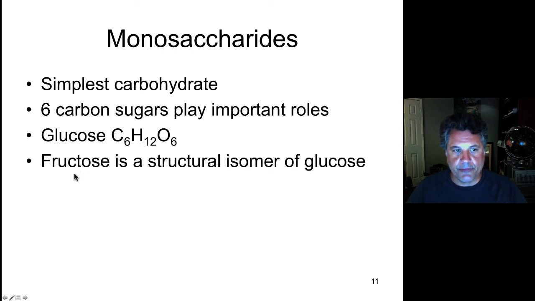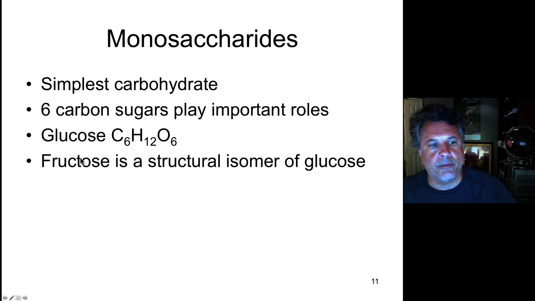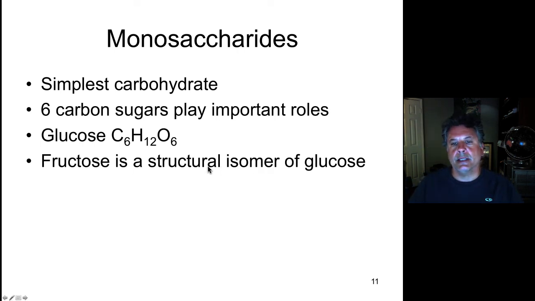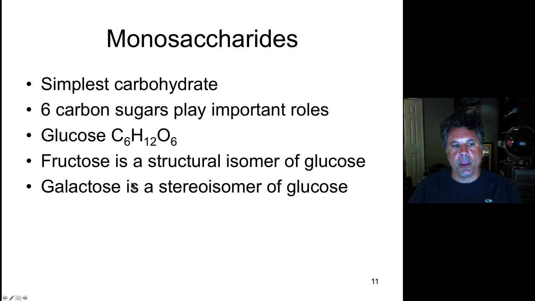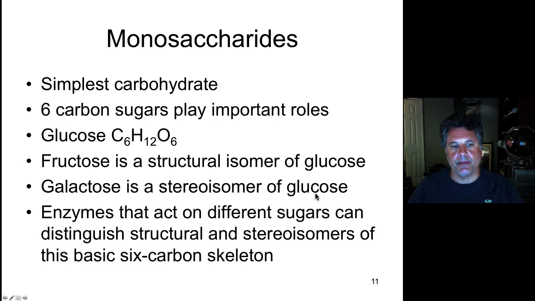And fructose, fruit sugar, the sugar found primarily in fruit, is an isomer of glucose. It's a structural isomer of glucose, as we will see. Whereas galactose is a stereoisomer. We've already talked about that, actually. We'll revisit it briefly.